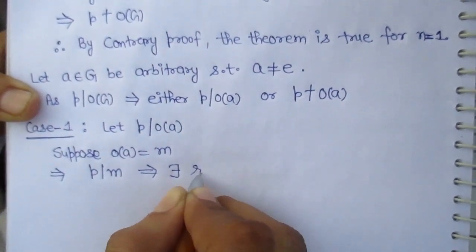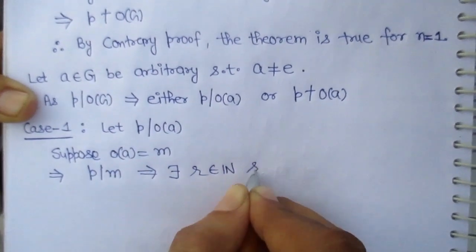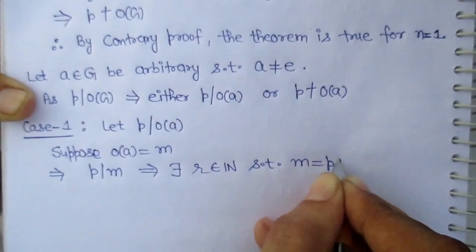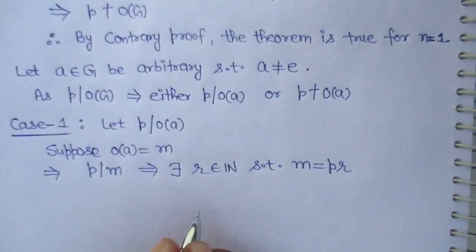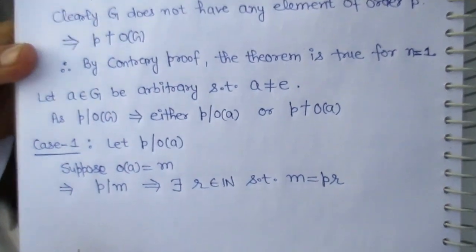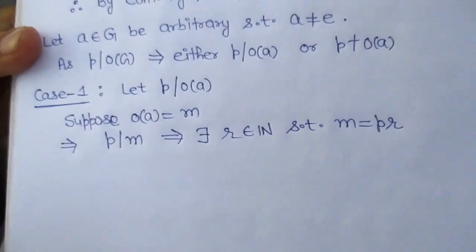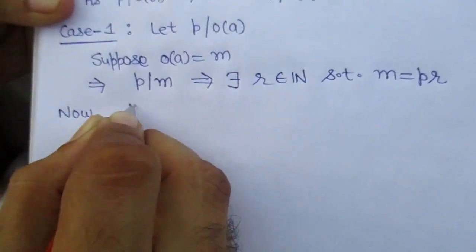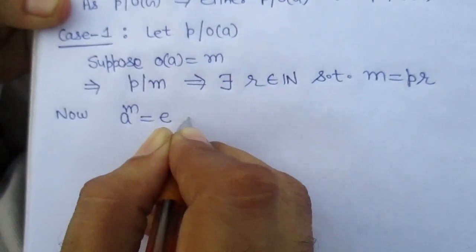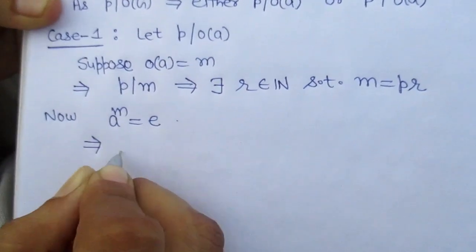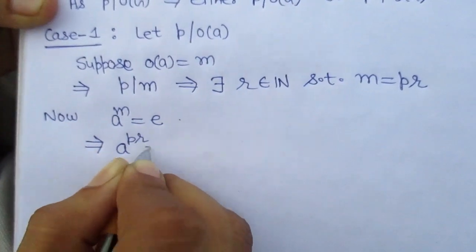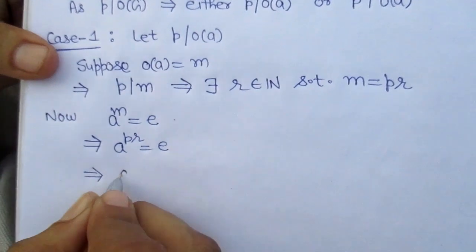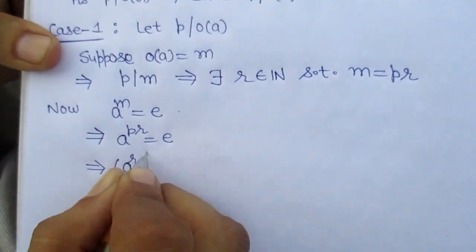It implies there exists r belonging to natural numbers such that m can be written as P into r. Now क्योंकि ऑर्डर ऑफ ए इज एम तो a raised to power m is equal to identity, m की वैल्यू रख देते हैं तो a raised to power P r is equal to identity. It implies (a raised to power r) raised to power P is equal to identity.